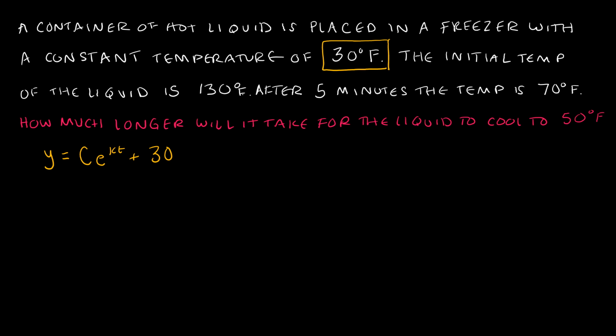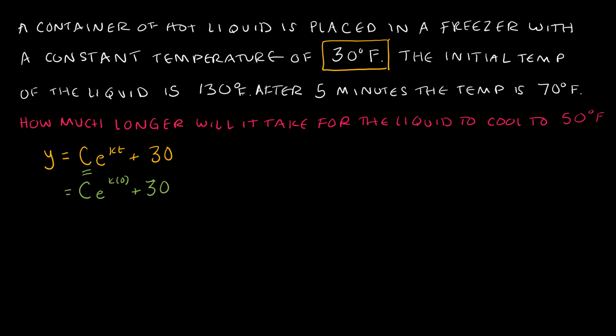From here, I'm going to use the fact that the initial temperature of the liquid is 130 degrees. Now, when we did this before, we always just replaced C with the initial temperature, but that's not quite what's going to happen here, because if I used time 0, so C e to the k times 0, I still have this plus 30 to contend with.